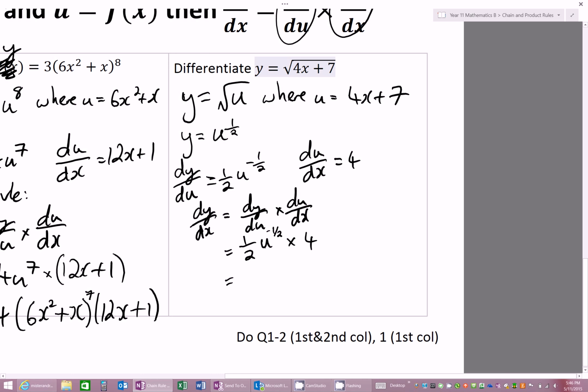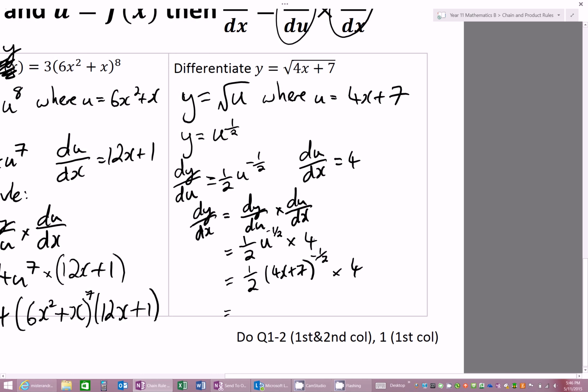I've got u in my answer. I don't want u's, I want x's, so I'll replace it with 4x plus 7. A half times 4x plus 7 to the power of minus a half times 4. What are we going to do with all these numbers and stuff going on?